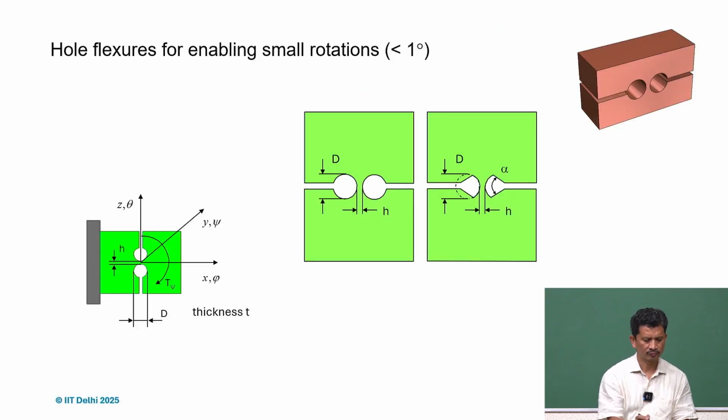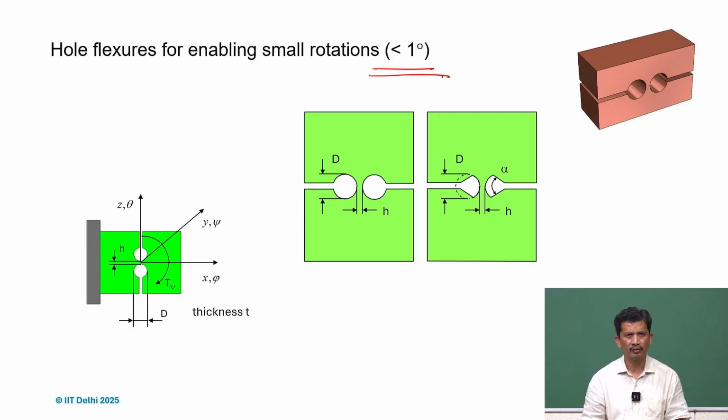For very small rotations, it's very useful for precision applications where we are looking at ranges below 1 degree, a kind of adjustment.